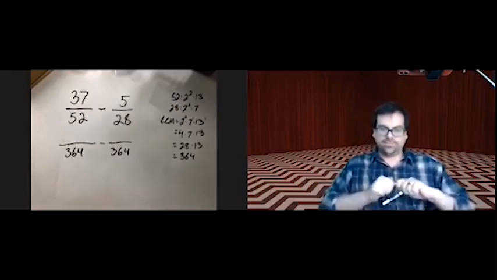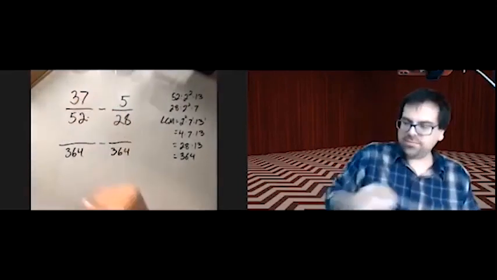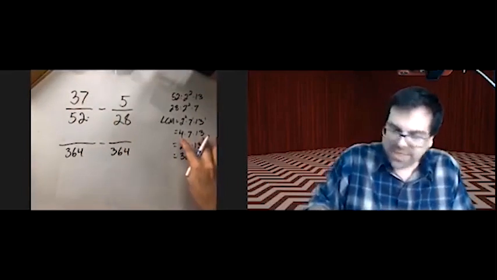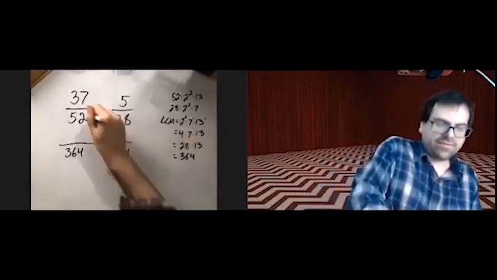How do we get there? 52 times what? Well, 4 times 13 is the 52, so this is times 7.